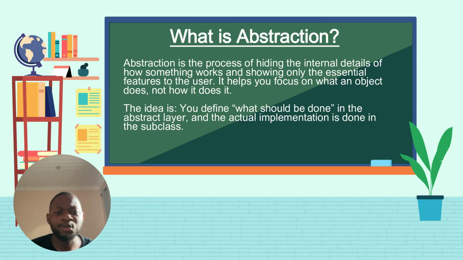The idea is you define what should be done in the abstract layer, which can be your abstract class or your interface, and the actual implementation is done in the subclass. You just define what you expect the class to do at the high level, and then you implement that functionality at your subclass.